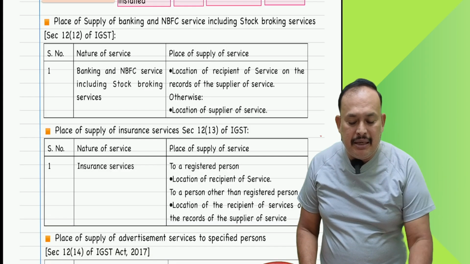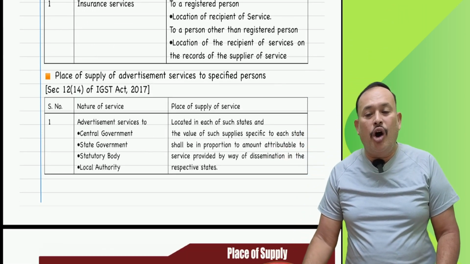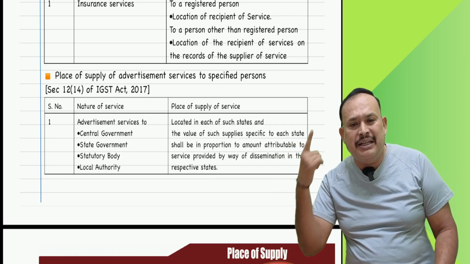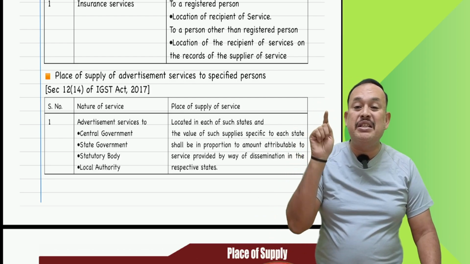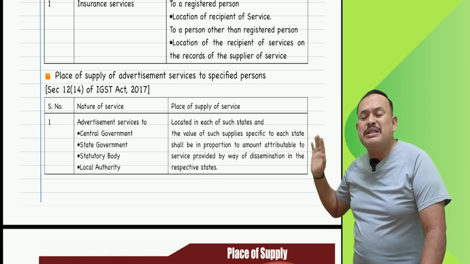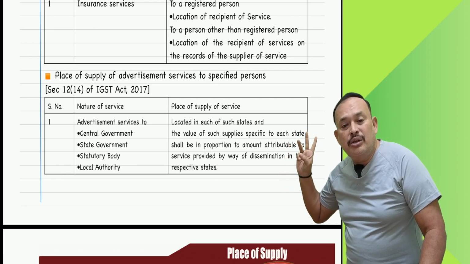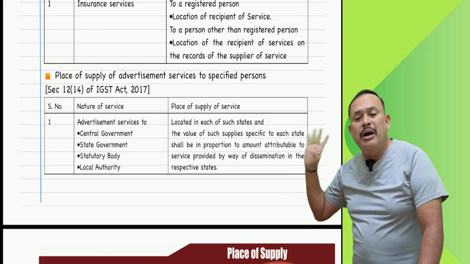Further, referring now to section 12, subsection 14 of the CGST, very important, last but not the least: supply of advertisement services to a specified person. Here, section 12, subsection 14 says specified recipient means central government, state government, union territory, statutory body, local authority.